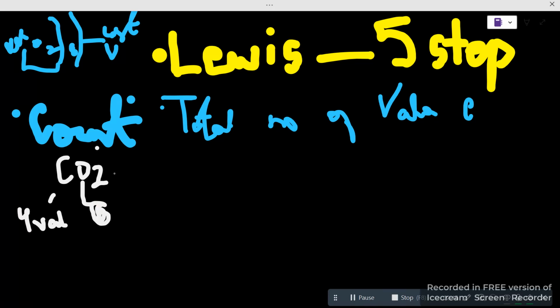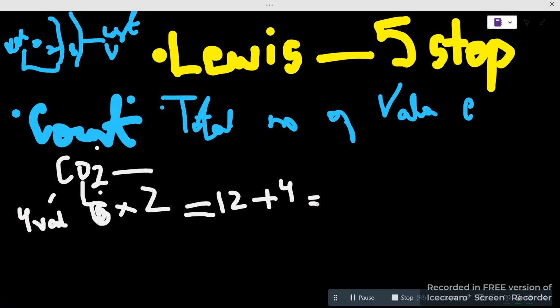Oxygen has atomic number 8, so 2 and 6. Here there is a 2, so this 6 would be multiplied by 2, and you would get 12. And the 4 of the carbon, so 12 plus 4, you get how many? You get 16.